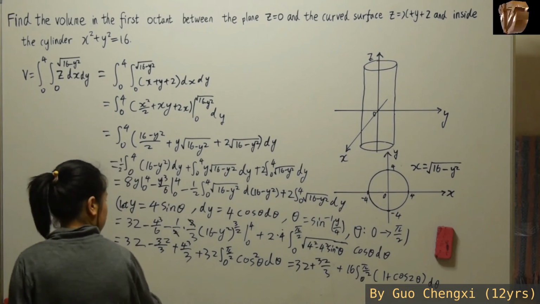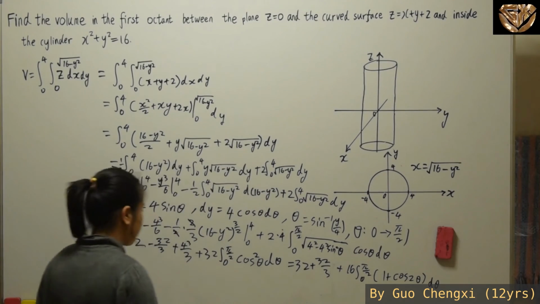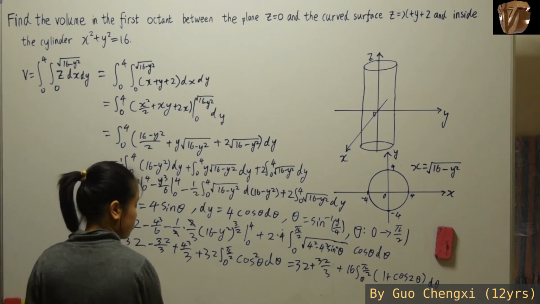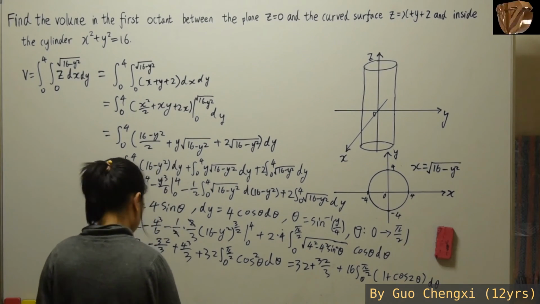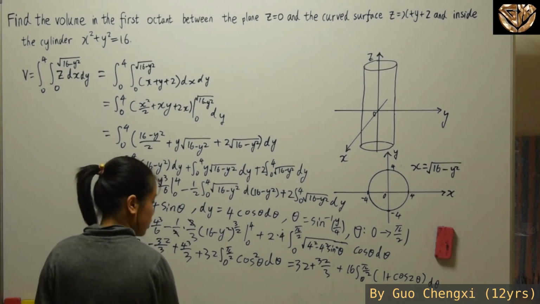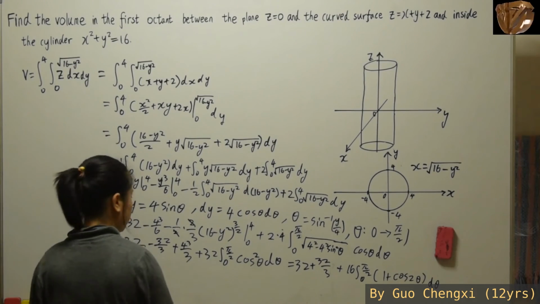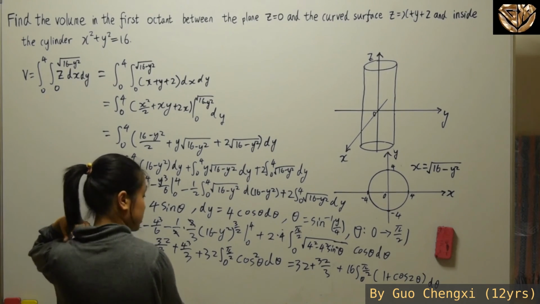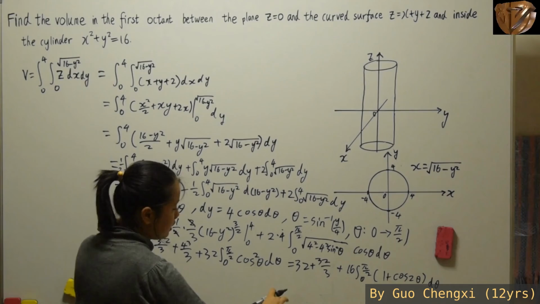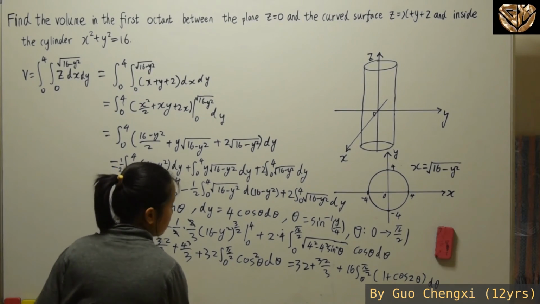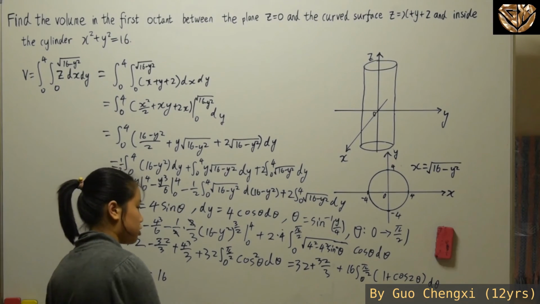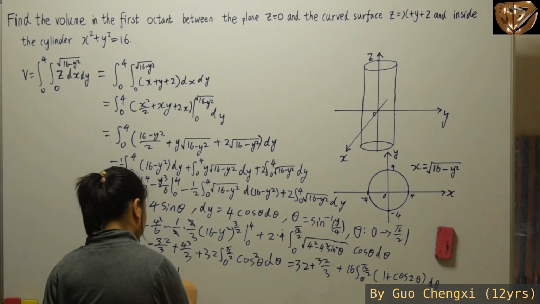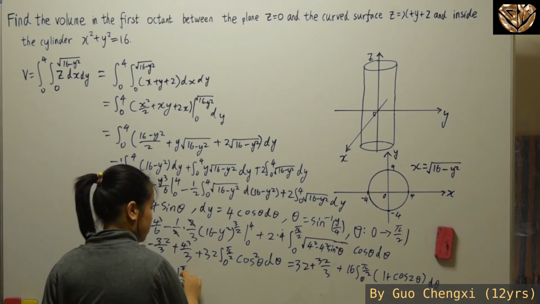Okay, alright, so for this part, what we're going to get here will be 128 over 3, then plus this part. So when you integrate the front part, the term in front over here, you can integrate it already. So you just get theta from 0 to pi over 2.